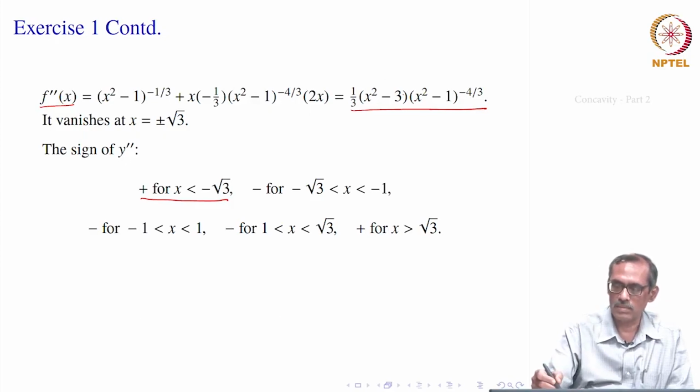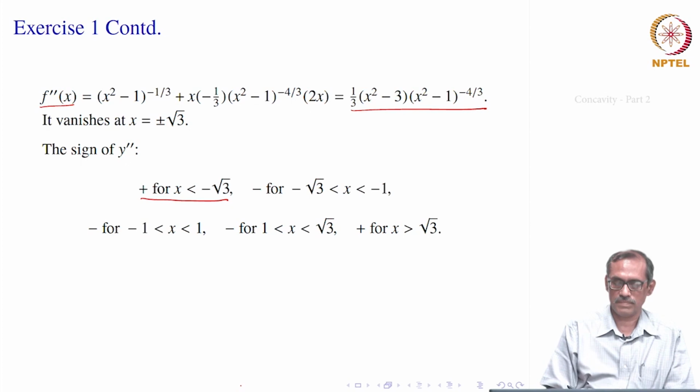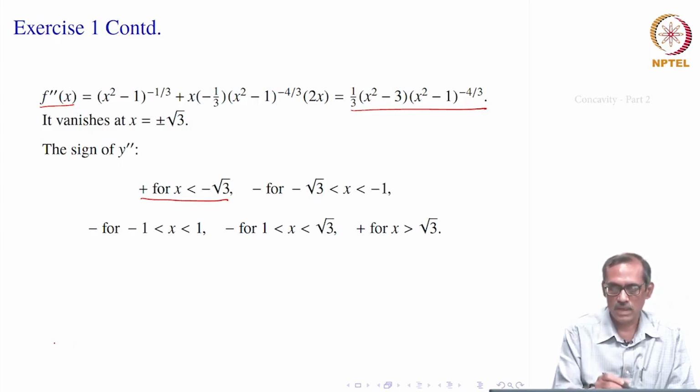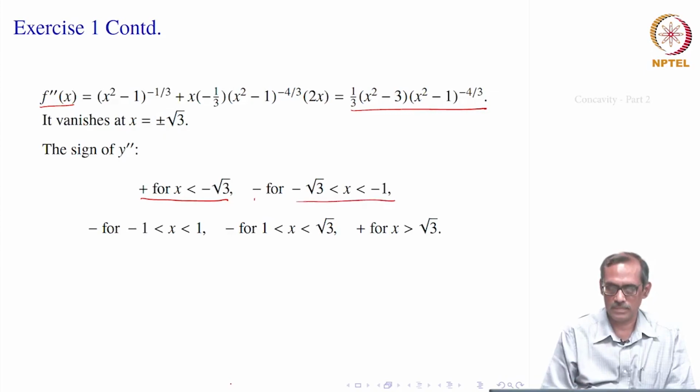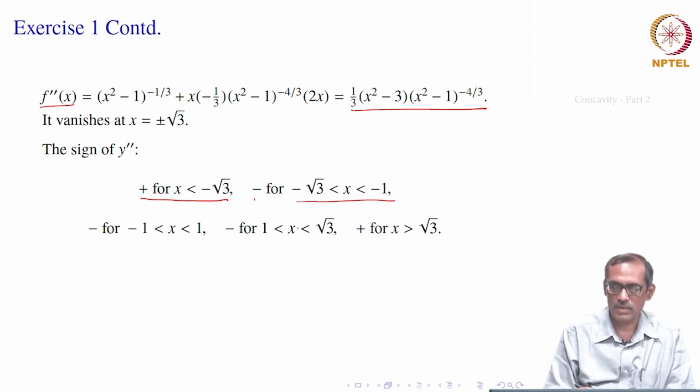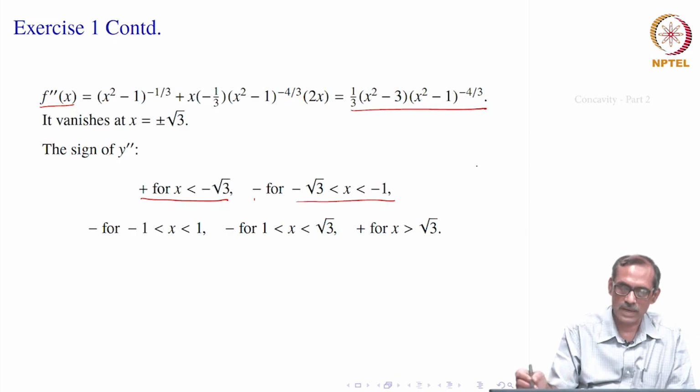X square minus 3 remains positive and this is also positive. Okay. So, for x less than minus root 3, f double prime x is positive, and f double prime x is negative when x lies between minus root 3 and minus 1. Then we go for checking the sign of f double prime x from minus 1 to root 3 and root 3 onwards.